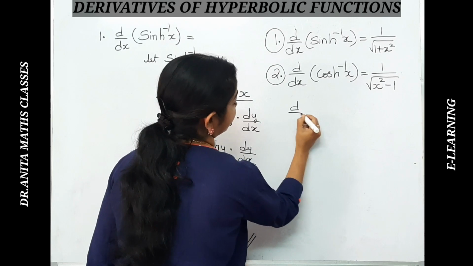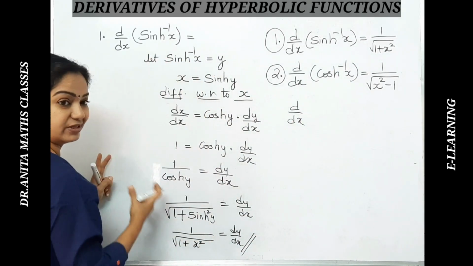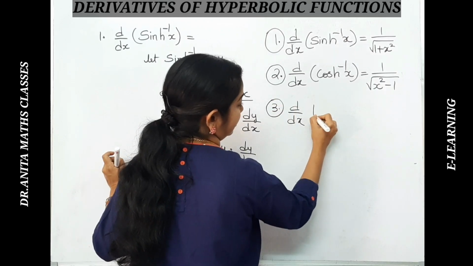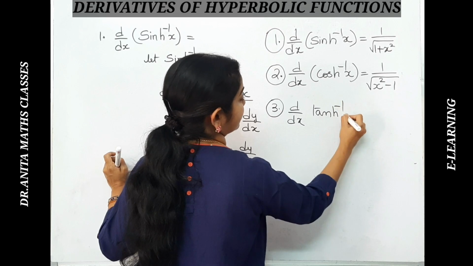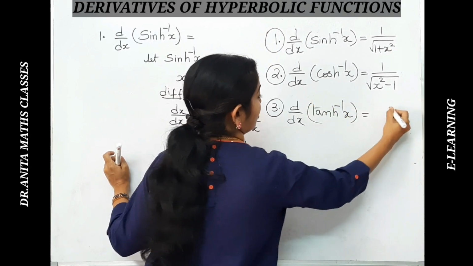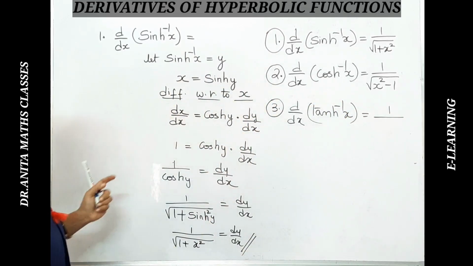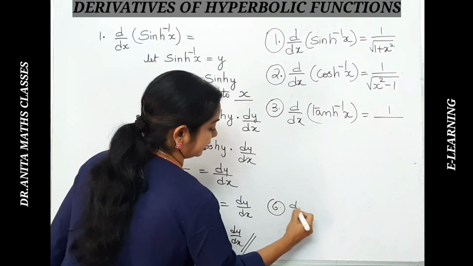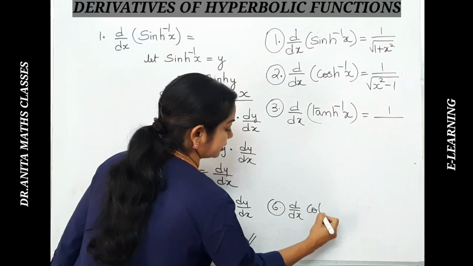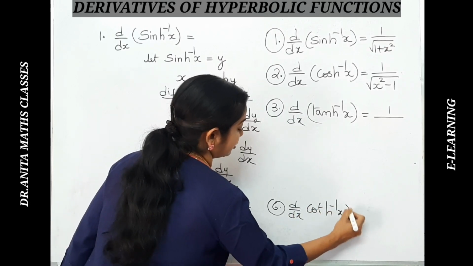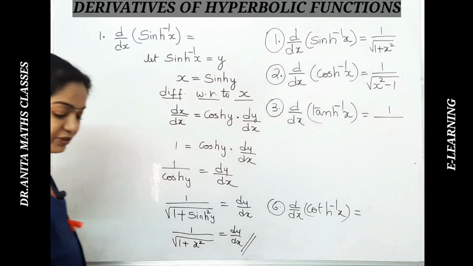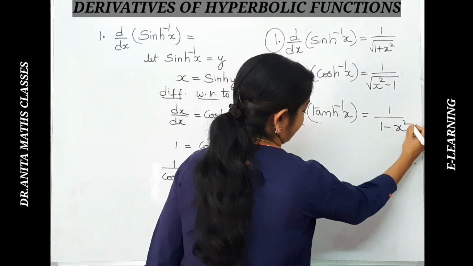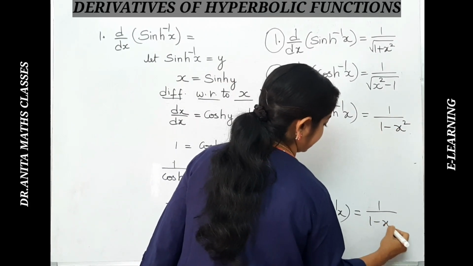Likewise, we can derive the derivative in a similar fashion as we derived the first one, applying the derivatives with respect to x. Tan h inverse of x is equal to 1 upon 1 minus x square, and d by dx of cot h inverse x, we have the same thing, 1 minus x square.